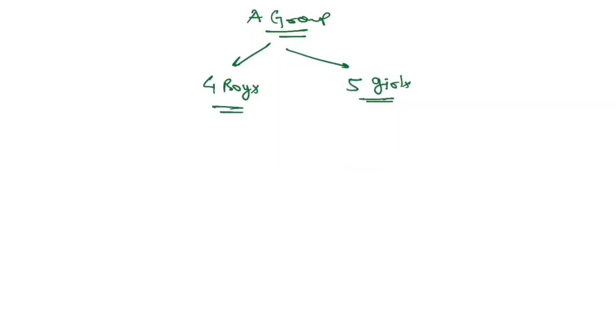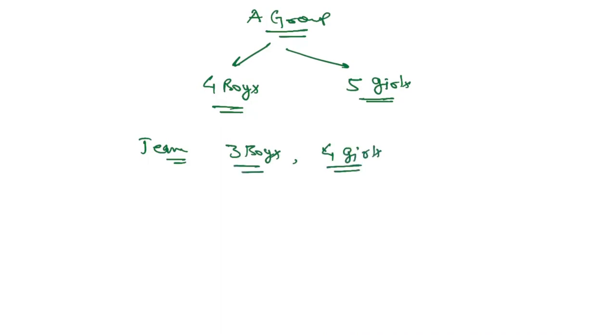Okay, so one more. In a group of students, there are 4 boys and 5 girls. We have to select a team that consists of 3 boys and 4 girls.